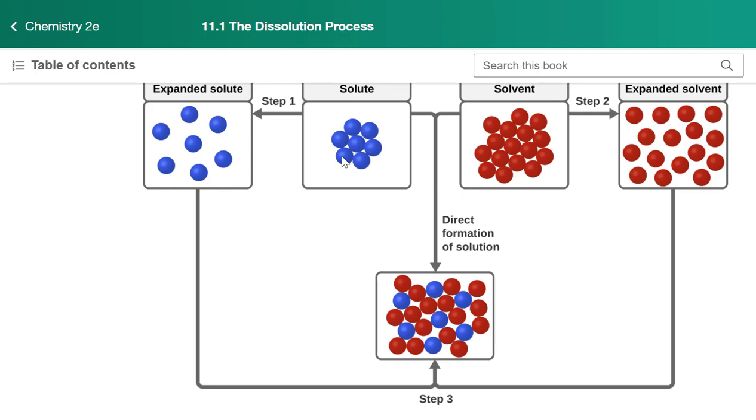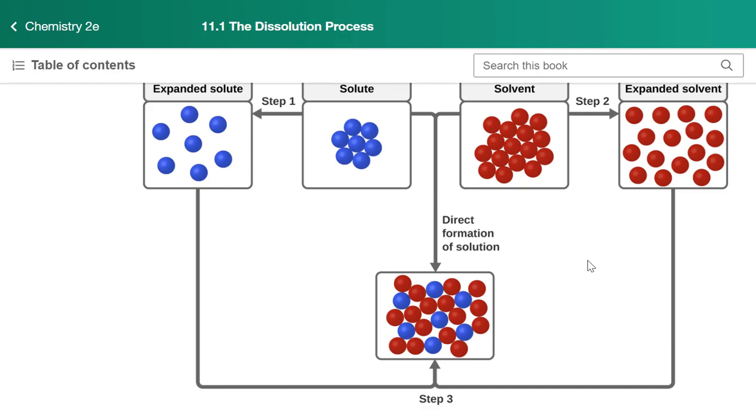For example, if your solute is something that is nonpolar, breaking it apart does not require a whole lot of energy. And breaking apart your solvent does require a whole lot of energy. So if this is water, it takes a lot of energy to break apart all those water molecules and turn them into a gas. And then when you put that all back together down here, you're forming these intermolecular forces between the water and this nonpolar substance, and they're not going to be very strong, and they won't be strong enough to overcome the fact that you needed a lot of energy to break that water apart in the first place.